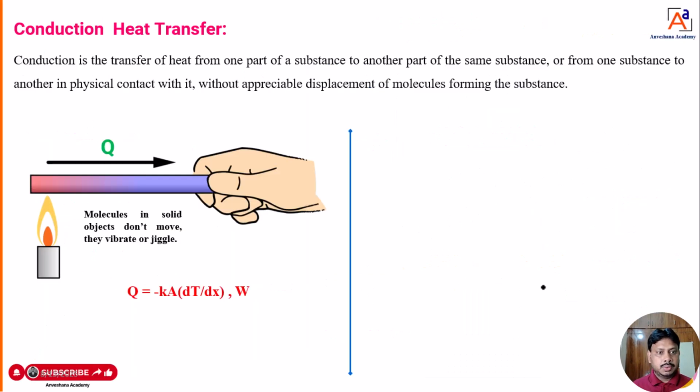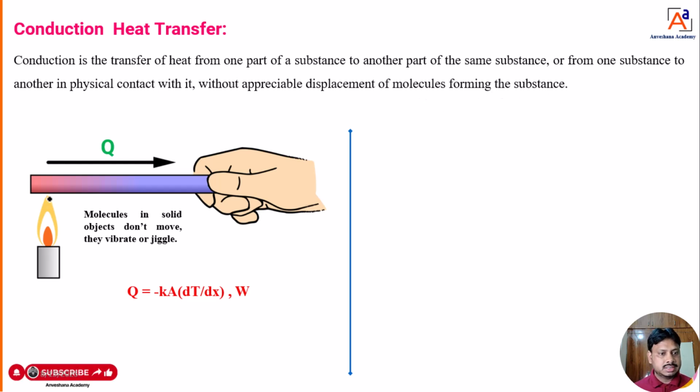Next, what is conduction heat transfer, dear students? Just recall, conduction is a mode of heat transfer. Conduction is transfer of heat from one part of a substance to another part of the same substance, or from one substance to another in physical contact with it, and without appreciable displacement of molecules forming the substance.